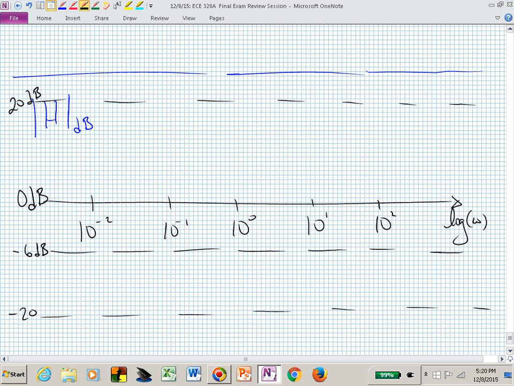Now, what's the 0 at the origin going to do? The constant we've already done. That's this, isn't it? This is our constant. It's at minus 6 dB. Now I want to plot the magnitude due to the 0 at the origin.